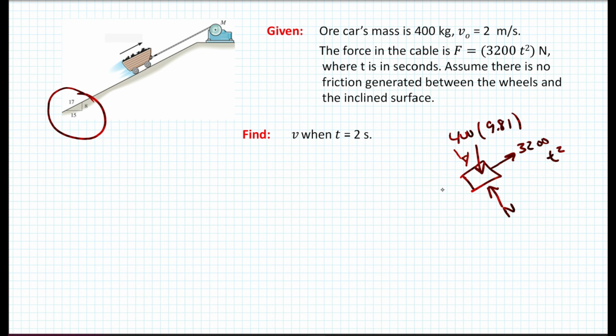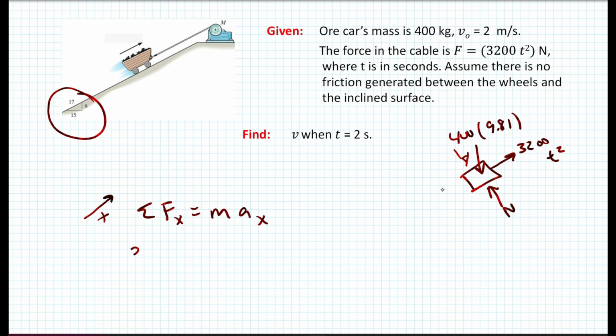Alright, so in coming up with a solution, seeing that it's running in this direction, we'll call that the positive direction. So we say the sum of the forces in the x is m a sub x.